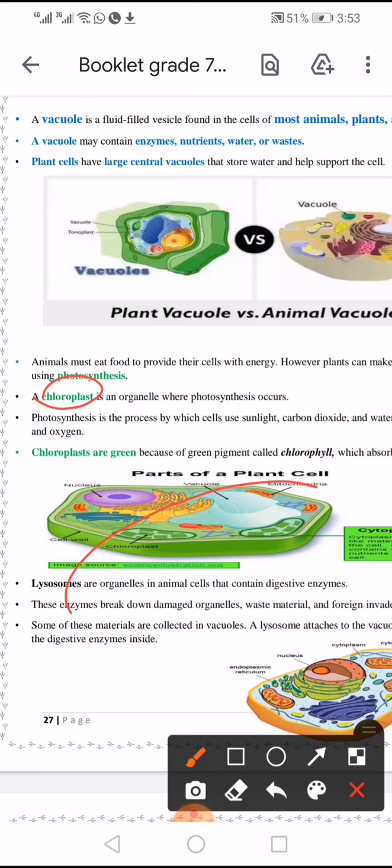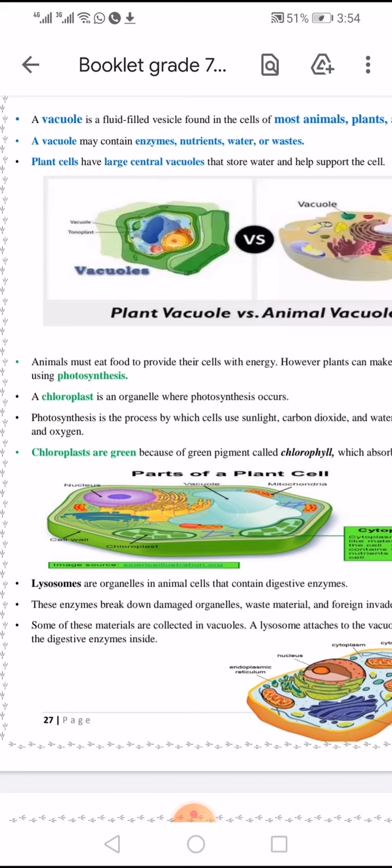So inside the plant cell, there is an organelle important for photosynthesis. This organelle is called what? Chloroplast, which is very important in plant cell, as it is inside the chloroplast where the photosynthesis process occurs, making energy or food for the plant cell.